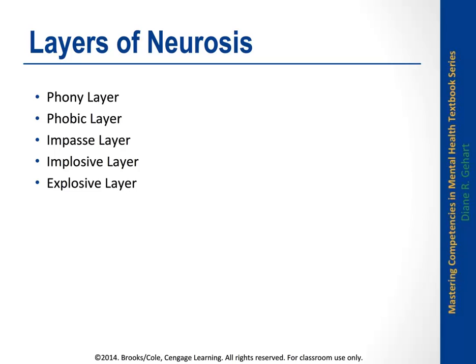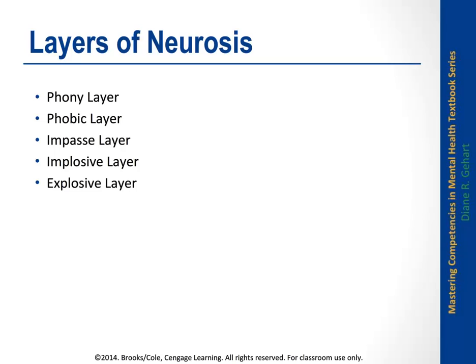That's the impasse. So then there's the implosive layer, where, as the phony layers all begin to collapse, there's this implosion where often you may feel a sense of being empty inside, and you're going inward, but there's this emptiness and struggle within.